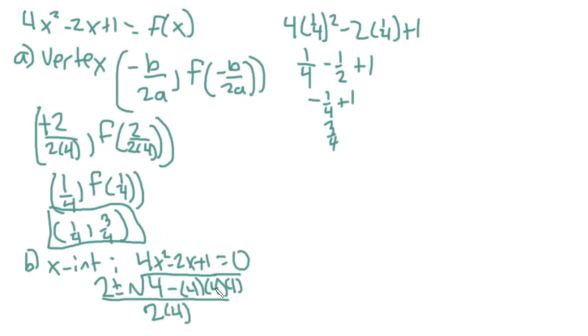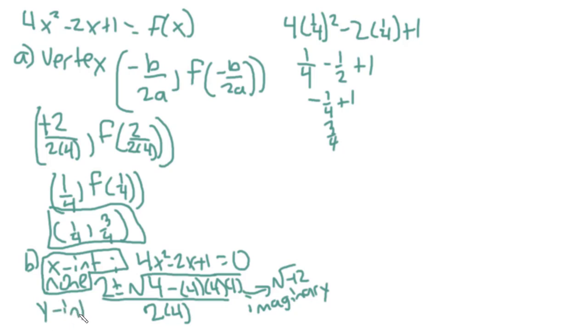And if we notice in here, I have 4 minus 16, which is negative 12. So this right here is going to be the square root of negative 12. So this is going to be imaginary. So I'm actually not going to have any x-intercepts. So my x-intercepts are going to be none.